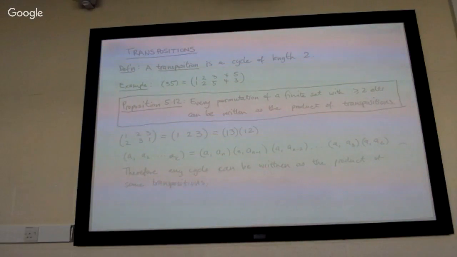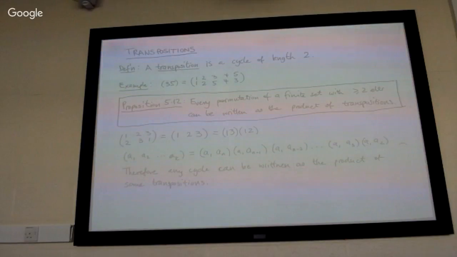Again, we had this theorem, I can't remember which number it was, that every permutation can be written as the product of cycles, and therefore through the cycles it can be written as the product of transpositions.